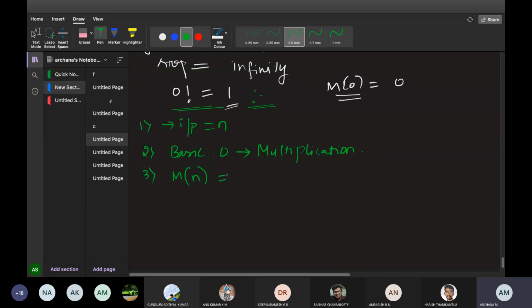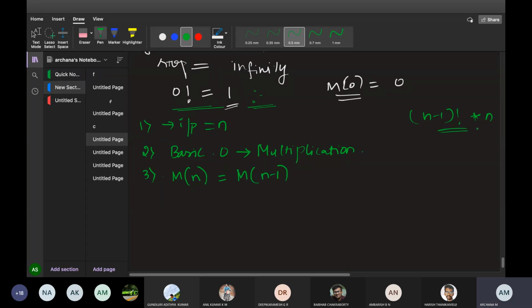Whatever I write now, the formula is equal to m of (n minus 1). How many times? Tell me. n minus 1 factorial into n. This is the factorial formula. Now how can I write this? Be attentive and be active in the class.